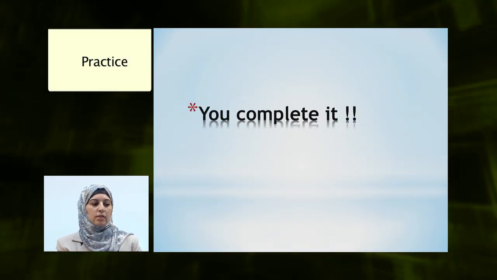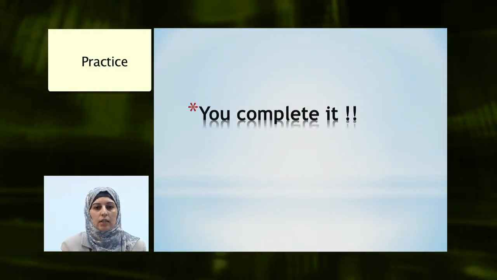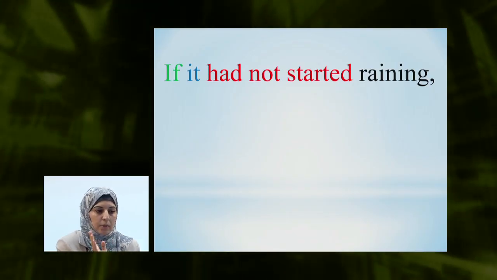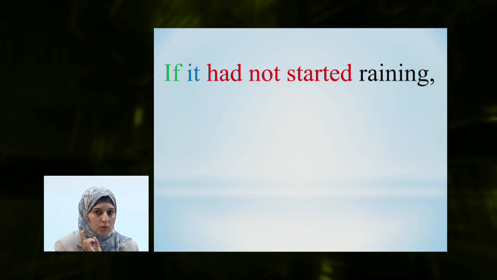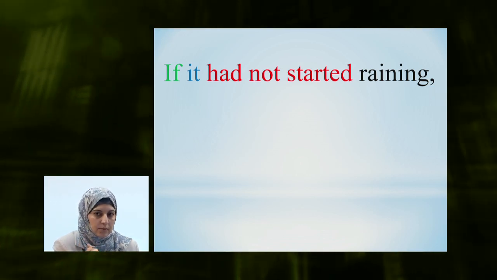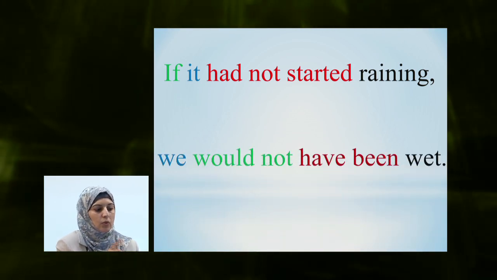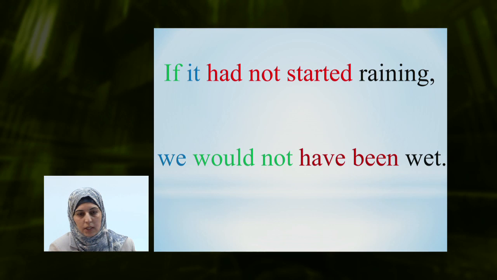We come now to this exercise where you complete the second part. If it had not started raining, try to complete this sentence. Remember, subject would have past participle. It can be, we would not have been wet.